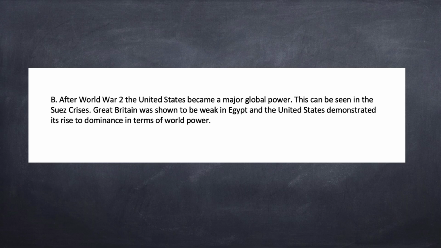So here's an example. After World War II, the United States became a major global power. This can be seen in the Suez Crisis. Great Britain was shown to be weak in Egypt, and the United States demonstrated its rise to dominance in terms of world power. All that's true as well. But this is more about the Suez Crisis, and it doesn't really explain how World War II led to that.